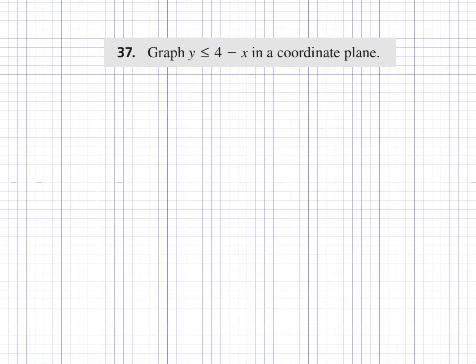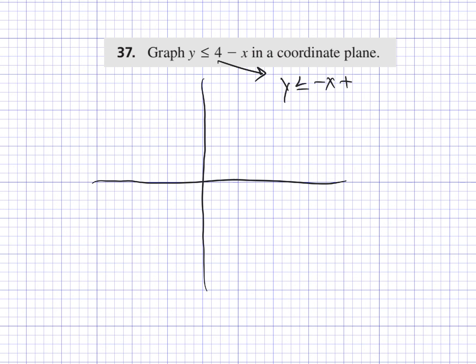Now graphing inequalities, so we're shading with inequalities. So we're going to rewrite this as y is less than or equal to. I'm going to put the negative x first and the plus 4 second so that it's in slope-intercept form. The slope is -1 over +1, and my intercept is at 4. 1, 2, 3, 4. So I go down 1 over 1, down 1 over 1, down 1 over 1.